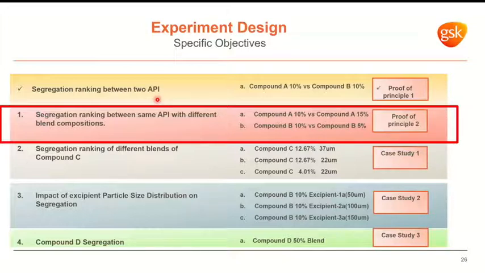But in this case, we are going to use the same API, but we are going to change the composition of the blend, or the characteristics of the API. So we are going to compare compound A 10% versus compound A 15%, and then we are going to compare compound B 10% versus compound B 5%. So same API but with different blend compositions.